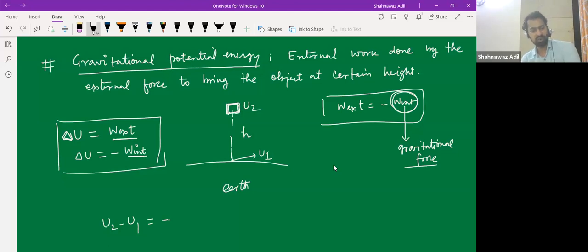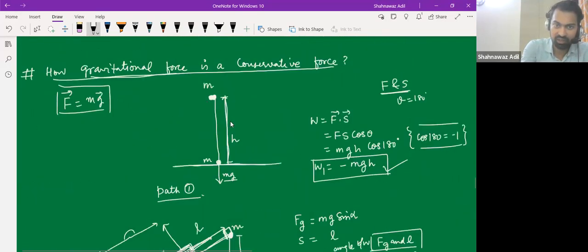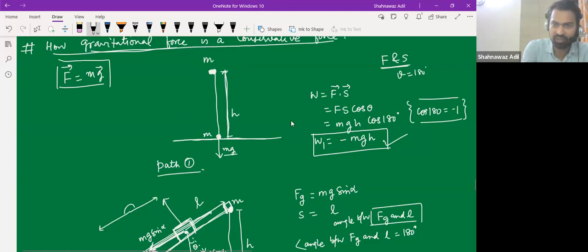What was the work done that we calculated? Do you guys remember? Potential energy. No, no. So potential energy is this one, u2 minus u1. This is the change in energy. So this was the work done, right? Minus mgh. Understood?